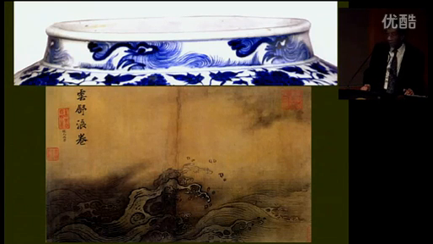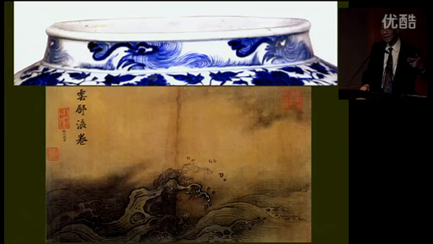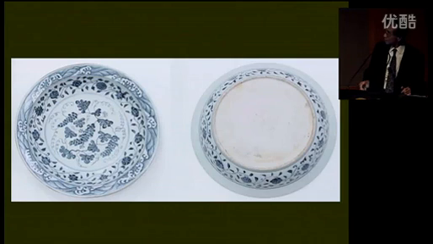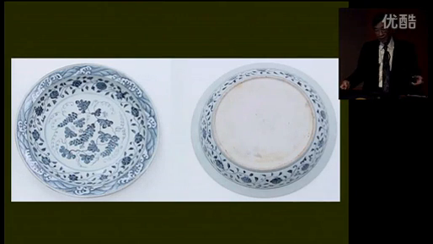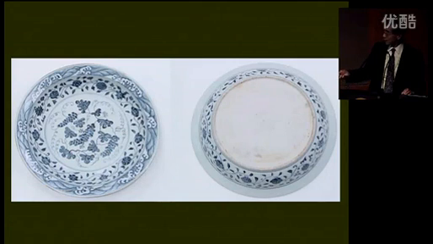But I want to sidetrack a bit and trace the fate of this motif, because it survived into the next century, into the early 15th century, where you no longer have this very, very lively pattern and it became a bit stiff and formulaic. You can hardly recognize it as wave patterns.